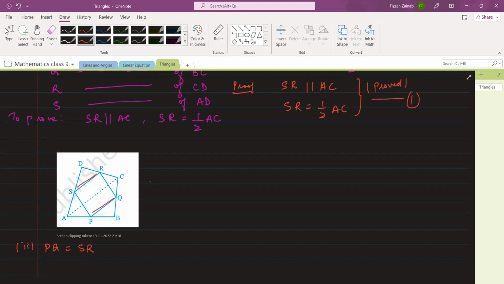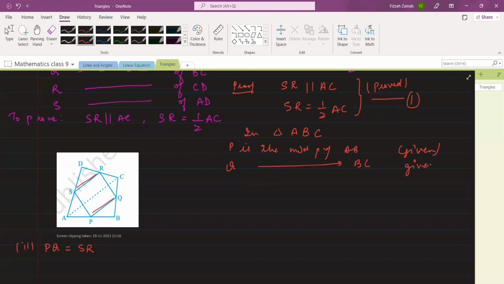Now, if I take the lower triangle, that is ABC. In triangle ABC, again, it is given that P is the midpoint of AB, and also it is given that Q is the midpoint of BC.